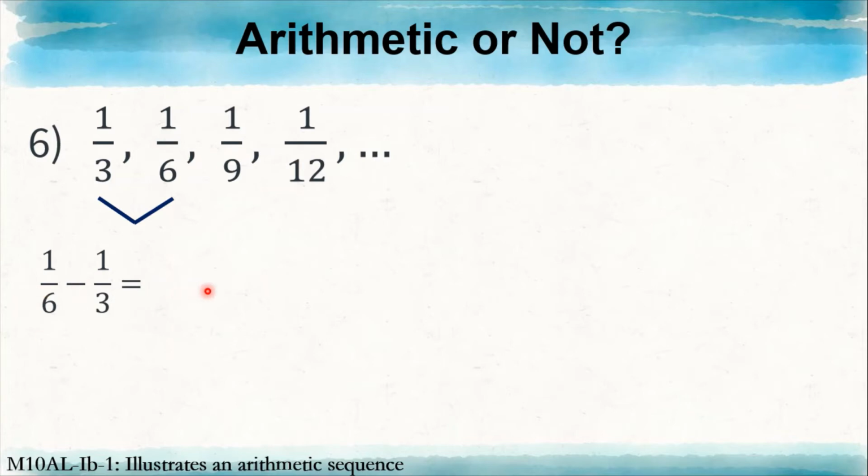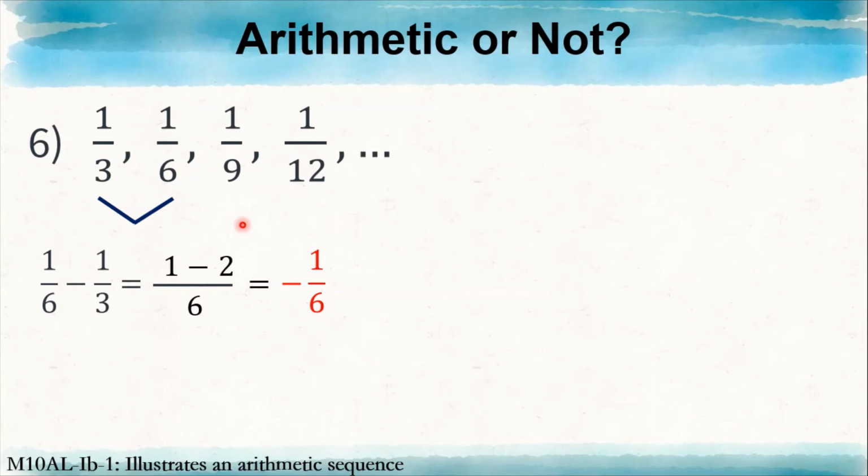So in this case, we have to find the LCD. In this case, the LCD is 6. Okay, 6 divided by 6 is equal to 1 times 1 is 1. Then 6 divided by 3 is equal to 2 times 1 is equal to 2. Then we subtract the numerators. 1 minus 2 is equal to negative 1. Then simply copy the denominator. So ang difference ng first two terms ay negative 1/6.